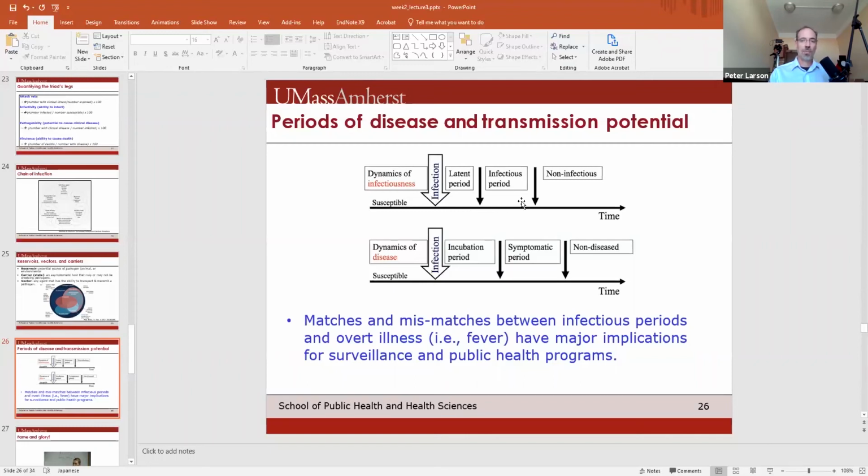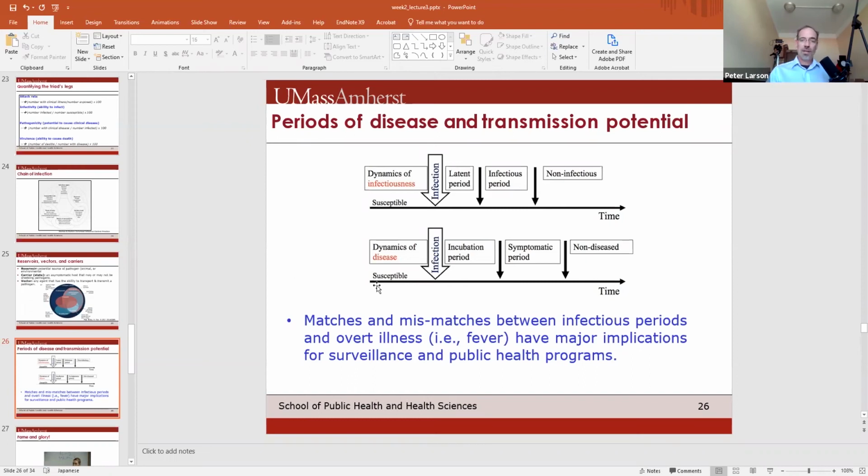They have an infectious period where they can transmit. Maybe they're symptomatic, maybe they're not. And then that ends and they're no longer infectious. And so these are the periods of disease that everyone goes through in most cases. Some diseases like HIV, there is no recovery period. There's no non-infectious period. You're infected for life and potentially infectious for life.